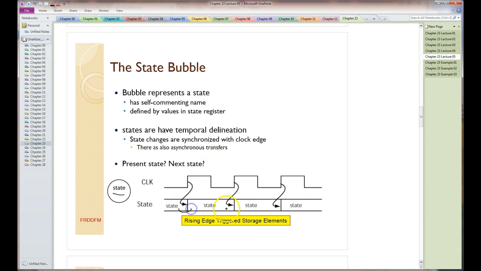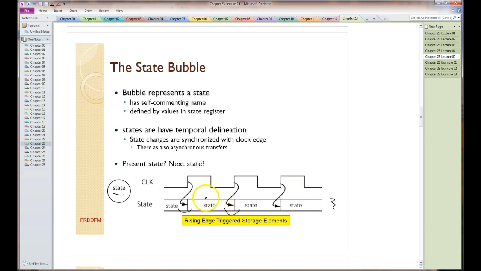So these state-to-state transitions are synchronized with a clock edge because the state is memory. The memory is held by a register. The register is a sequential circuit. Sequential circuits, generally speaking, are synchronous. Okay, so there's an issue of a present state and a next state. And the idea here is, where's the present state and the next state in this thing?